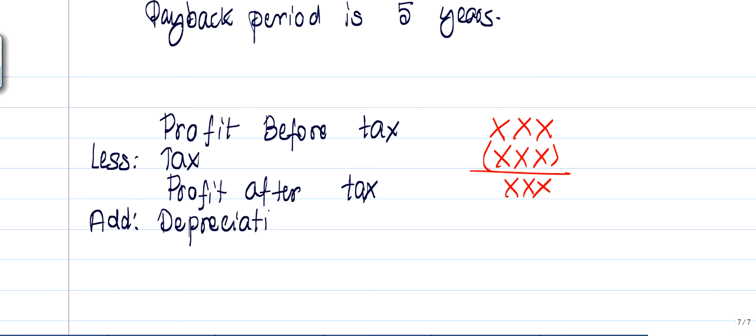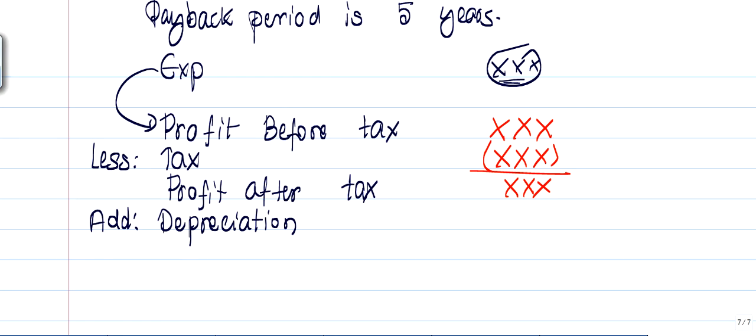Why should depreciation be added back? Depreciation is a non-cash expenditure. We deduct all the expenditure in order to arrive at profit before tax, right? But depreciation is also included in expenditure.